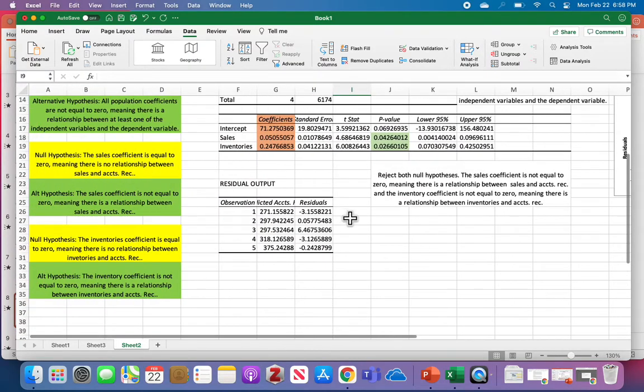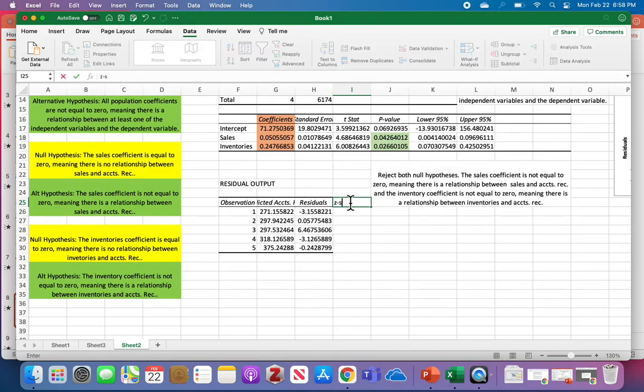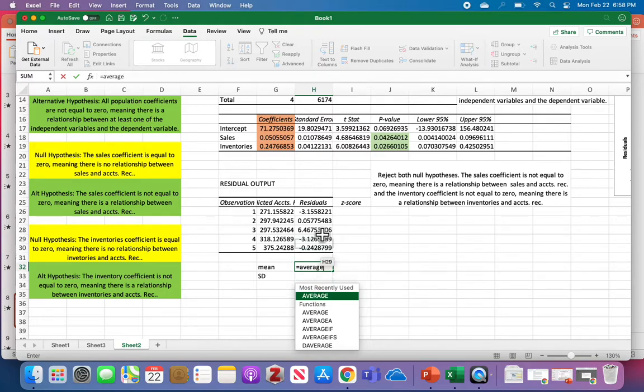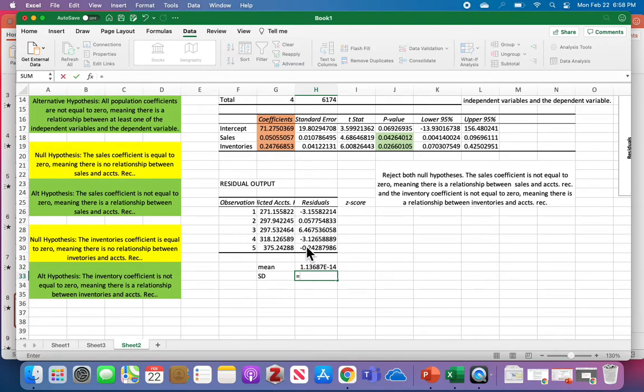So what we're then going to look at, let's go down. We've got our residuals here. Let's find our z-scores again. So we're finding our mean and then our standard deviation. So average all those residuals and then find the standard deviation of those residuals.